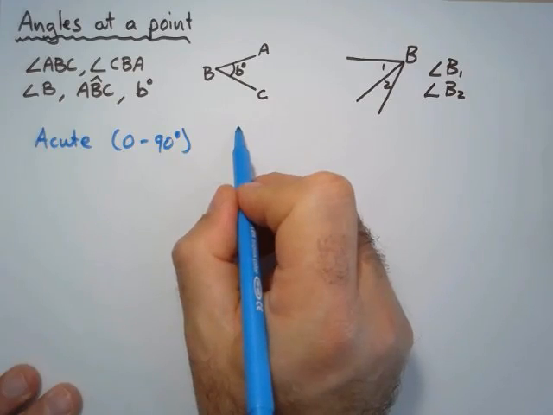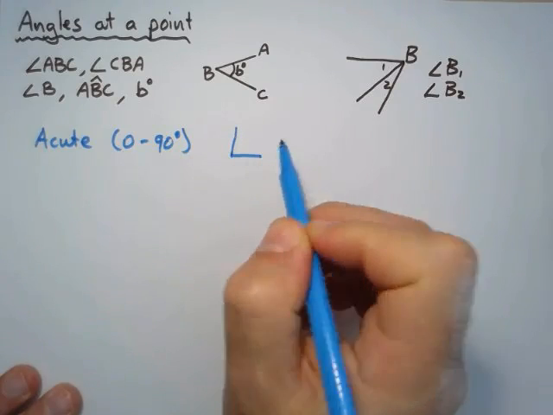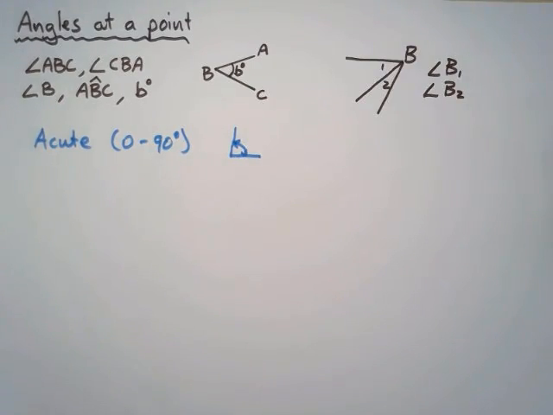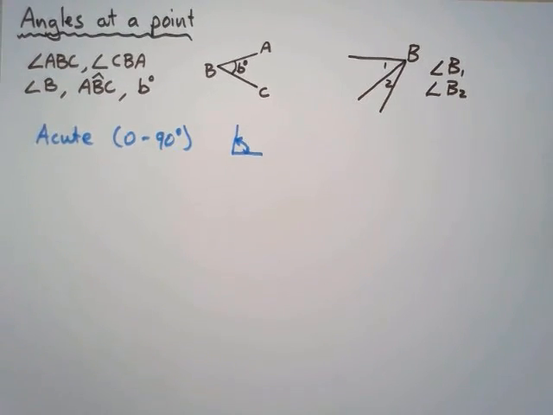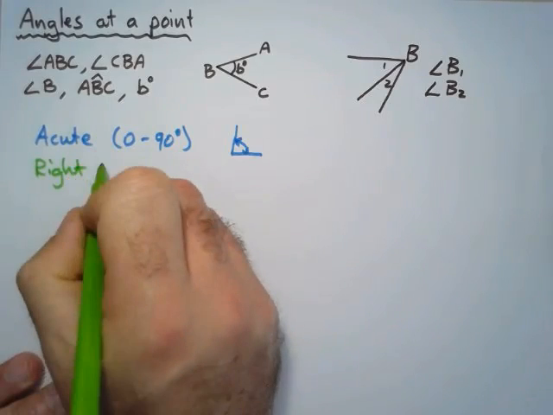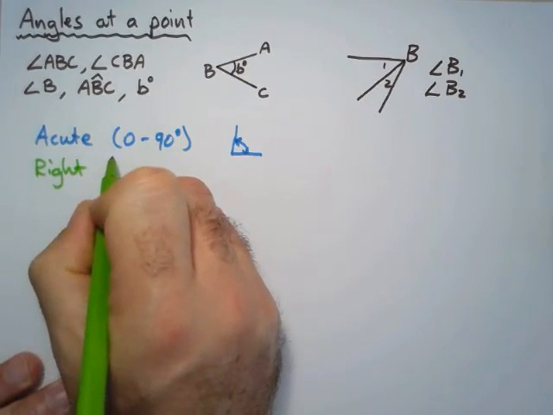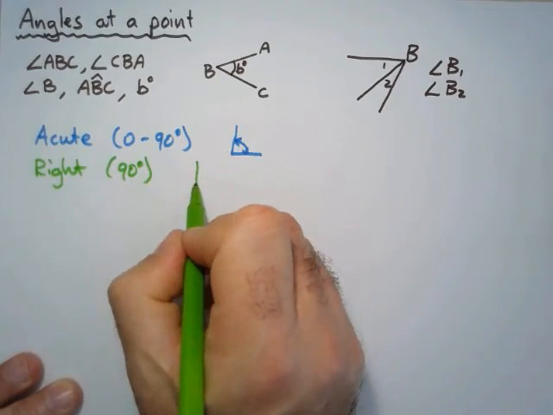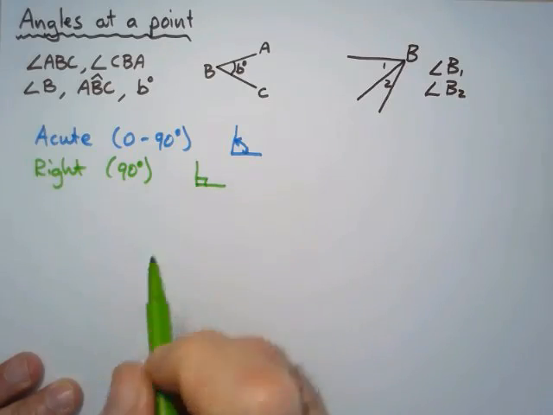Anything smaller than 90 degrees is an acute angle. The second one is a right angle. When this goes up, it becomes a right angle, and a right angle is exactly 90 degrees, and it looks like this when it's 90 degrees.